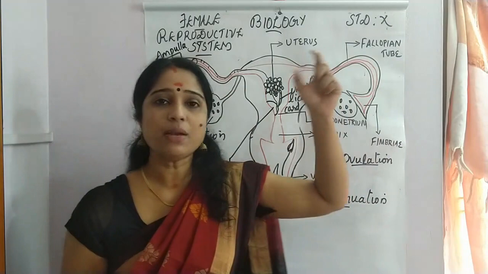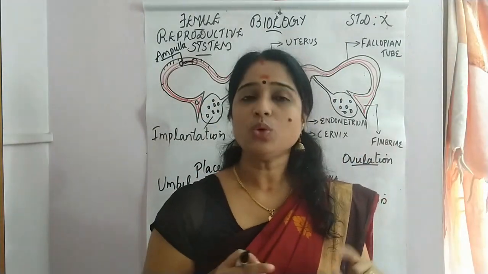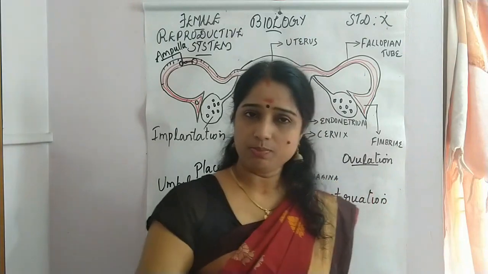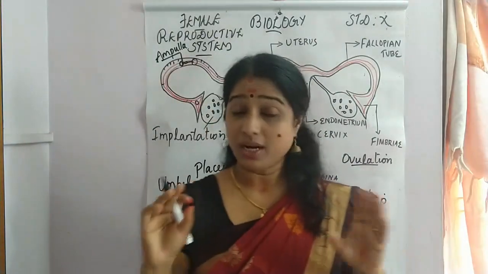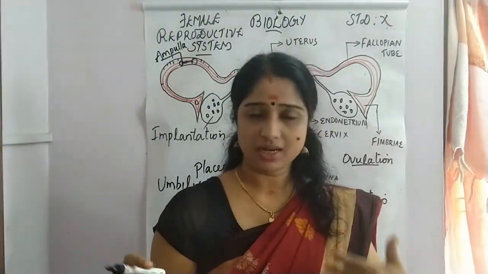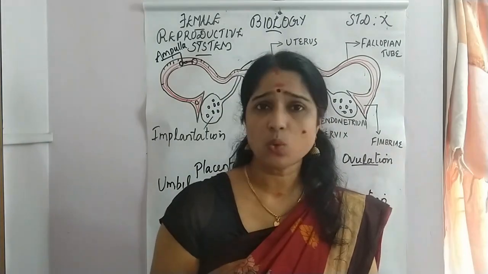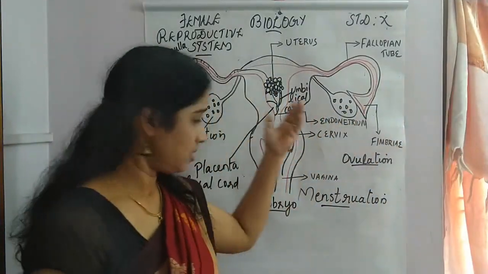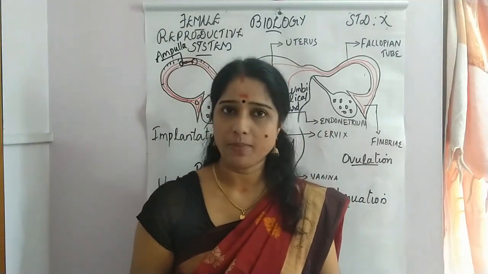Then this connection is made by a tube-like structure known as the umbilical cord. Through this umbilical cord, the mother can give food and oxygen to the embryo, and from the embryo, after consuming the food as well as oxygen, it releases waste, and that waste reaches back to the mother or the placenta through the same pathway, the umbilical cord.